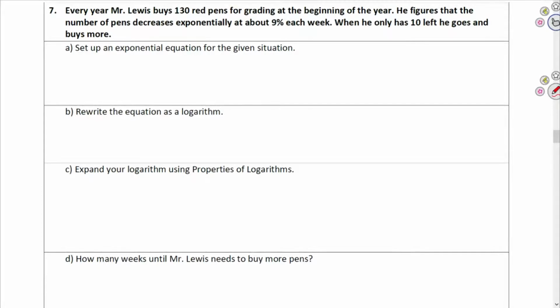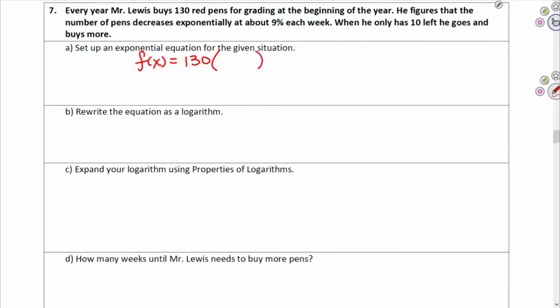Well, I'll name the function f of x. Okay, the initial number that I start with is 130. Now the tricky part has to do with the base of the exponent. It decreases exponentially at about 9% each week, and I think about that as a percent decrease.